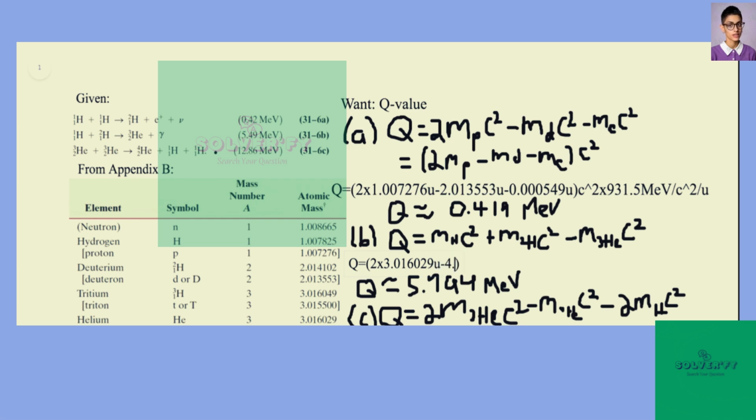Minus 4.002603 U, minus 2 times 1.007825 U. Again, multiply everything by c squared and by our conversion factor.